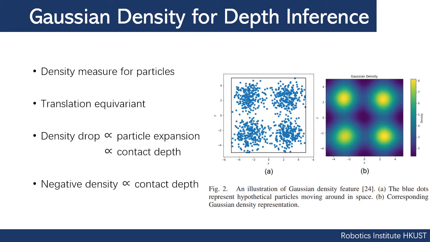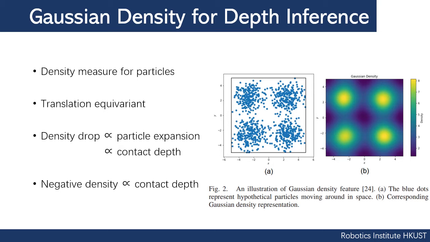Then we use Gaussian density for depth inference. It is a density measure for particle distributions. The advantage is that it is translation equivariant, meaning for the same particles when they are shifted, the corresponding density is also shifted. So a density drop means there is a particle expansion, and this is correlated with contact depth.